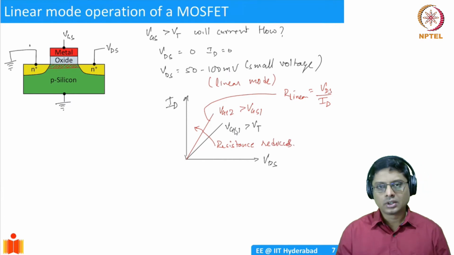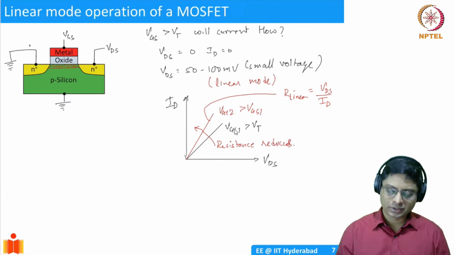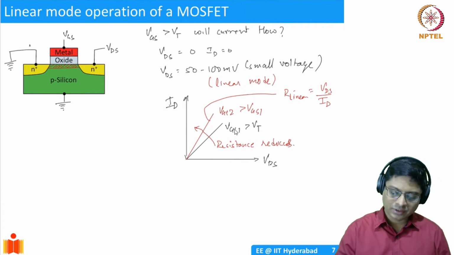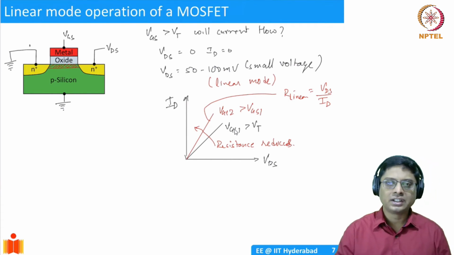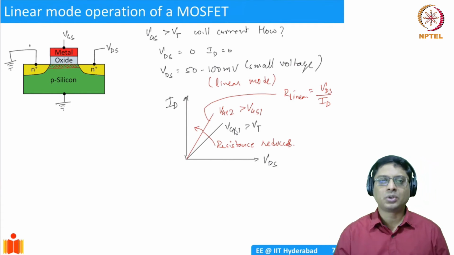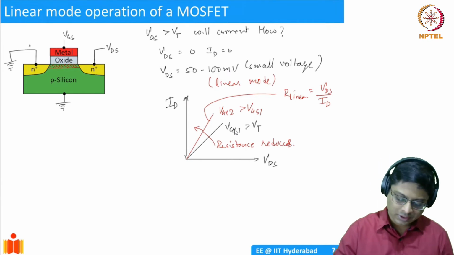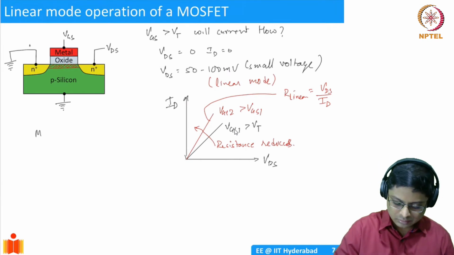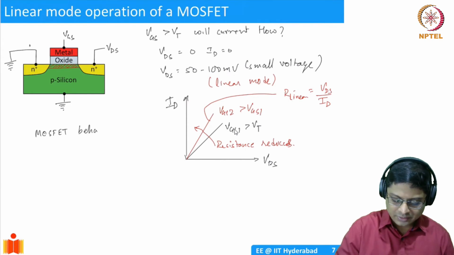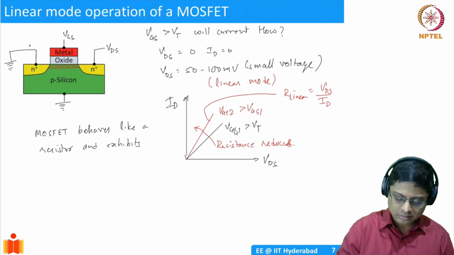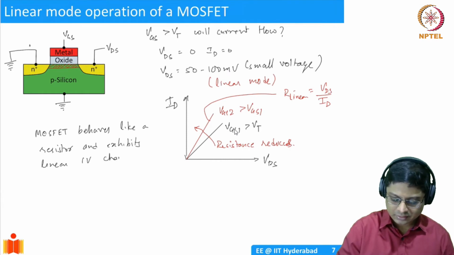Okay. So this is how the MOSFET behaves. So basically, whenever you have VG greater than VT and VDS to be a small voltage, 50 to 100 millivolts, the MOSFET behaves like a resistor and exhibits linear IV characteristics.